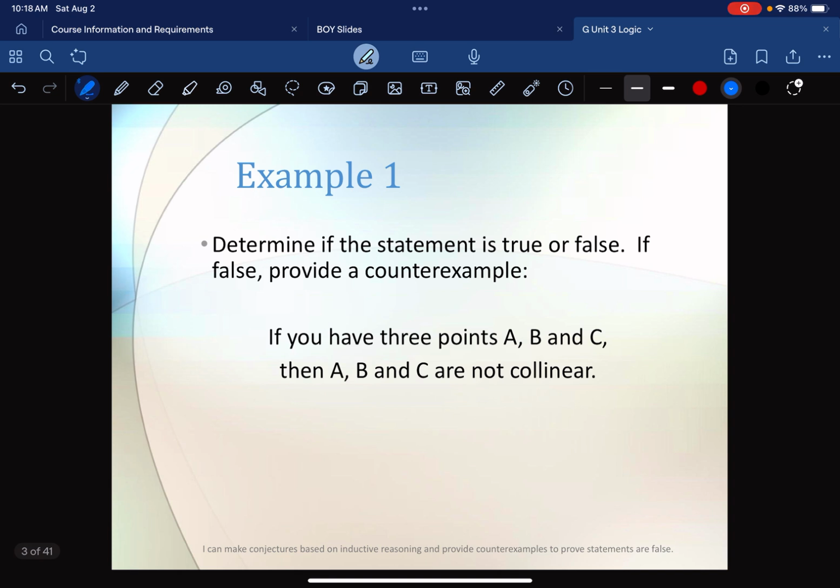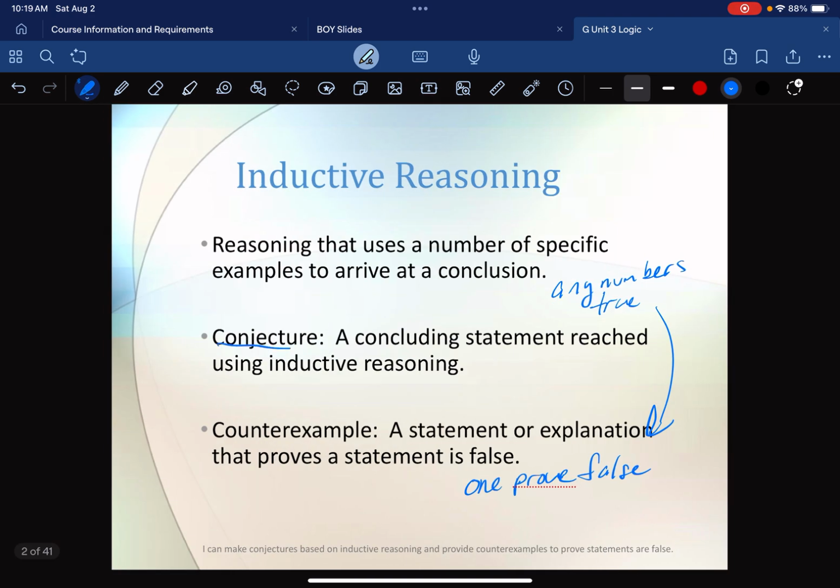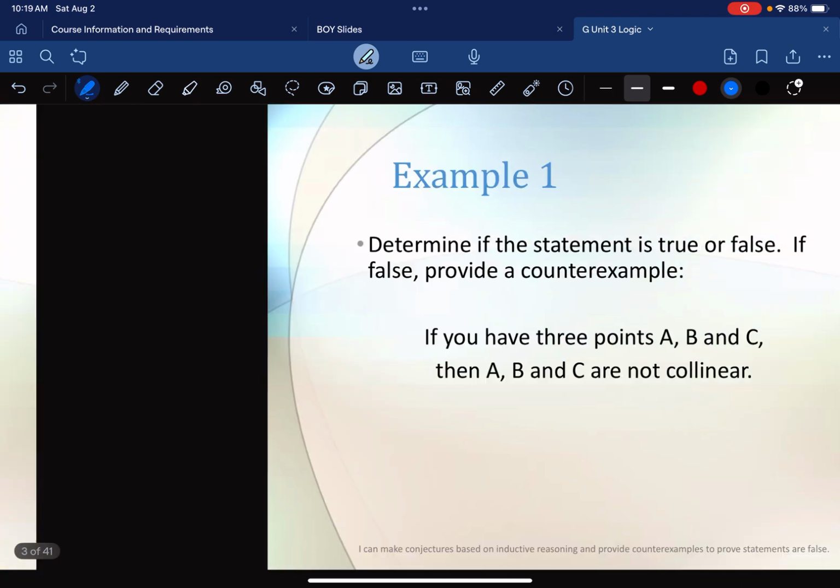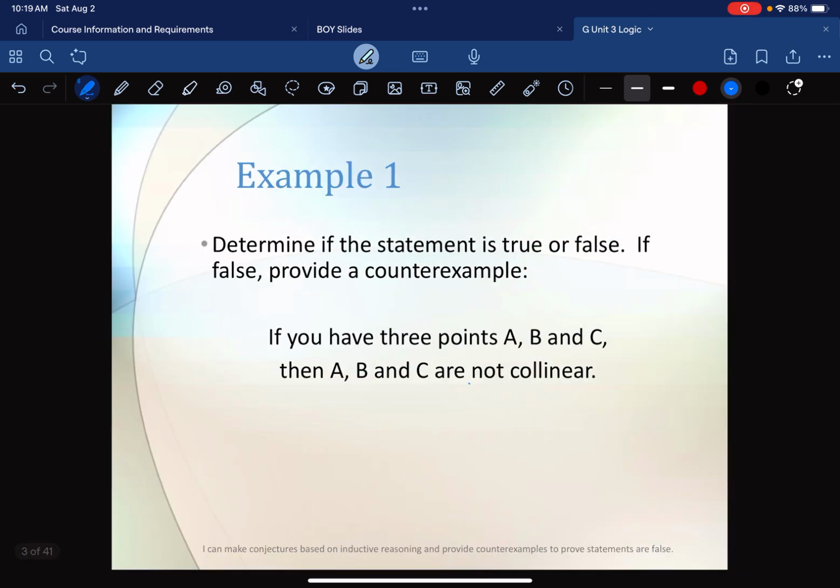Okay? So here's example one. Determine if the statement is true or false. If false, provide a counterexample. So you have 3 points, A, B, and C, and the conjecture here, that's my final concluding statement, is they are not collinear. That's the conjecture. Okay?